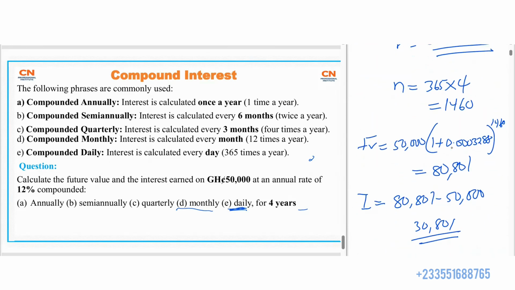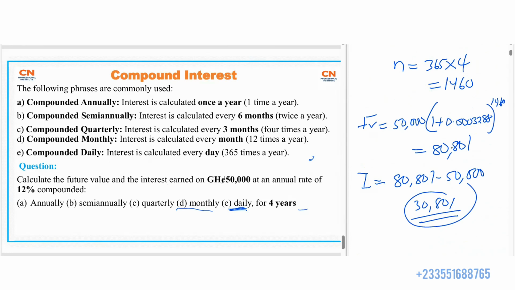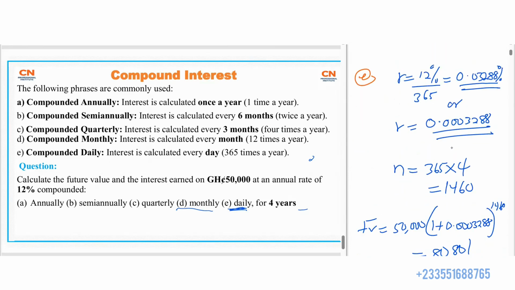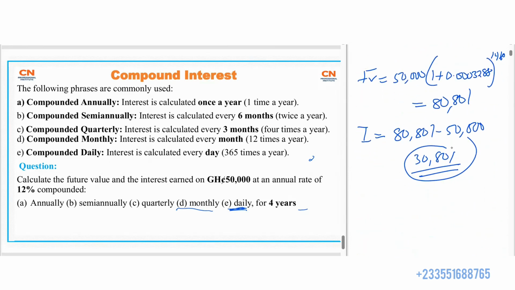Then E, you're getting 30,800 and something. So you see, it keeps increasing. The more the compounding periods, the better. Compound interest means interest on interest, so the interest will also earn interest. So the more it compounds, the better.